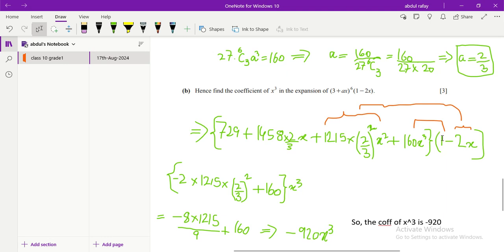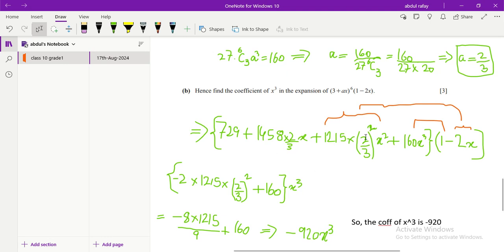With all the other terms, when you multiply, you will not get x to the power 3. You will get maybe x squared or x to the power 4. So only these two terms will give you the x to the power 3 coefficient. That's why I multiplied only the terms that give x to the power 3.